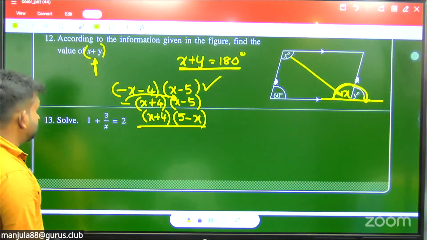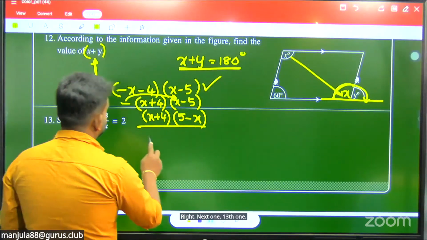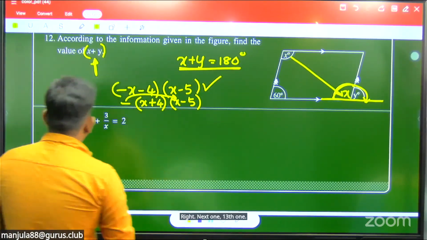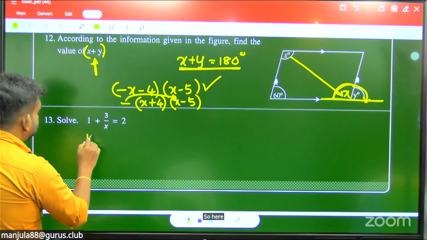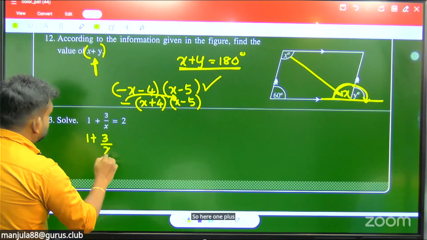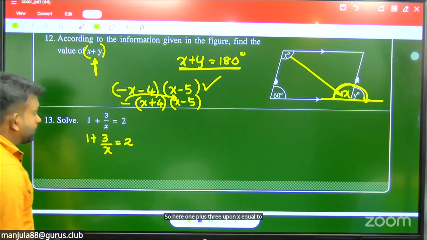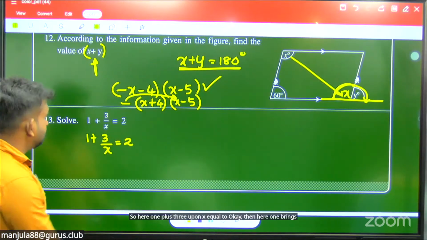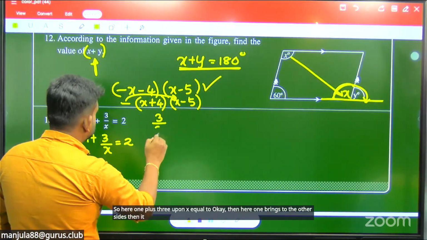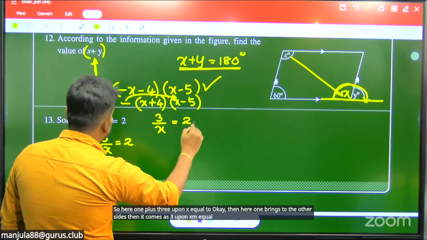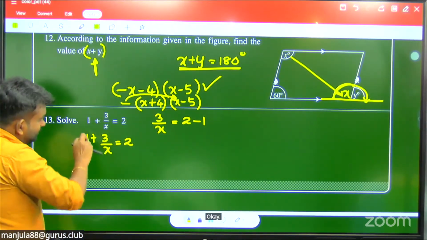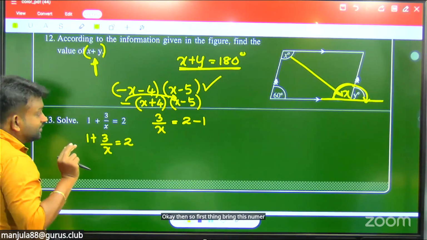Right. Next one, the 13th one. So here 1 plus 3 upon x equals 2. Then 1 goes to the other side, so it becomes 3 upon x equals 2 minus 1. First bring this numeric to the other side, very easy.